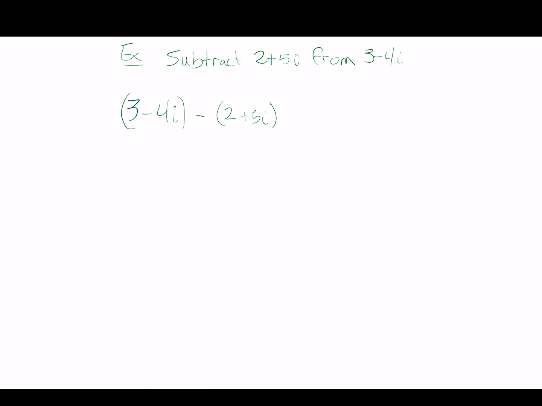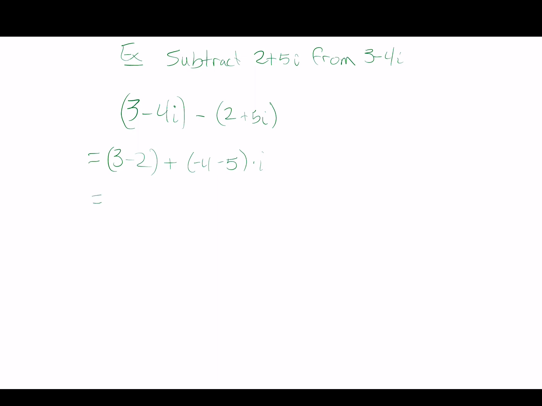The real part of the first number is 3, and the real part of the second number is 2. So we can rewrite that as 3 minus 2. And then we need to subtract the imaginary parts. The imaginary part of the first number is negative 4, and the second is 5. So we have negative 4 minus 5 times i.